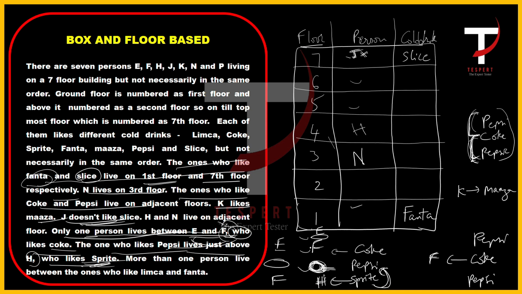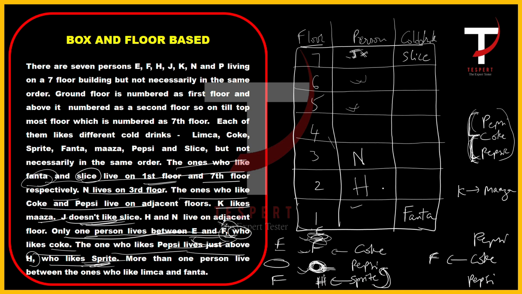Above Pepsi, the guy F who likes Coke. Above F, there will be one person we don't know, and above that person, we have E. So how many places are there? 1, 2, 3, and 4. But if we place H here, we have only 1, 2, 3 places. So H must live on the second floor, right?